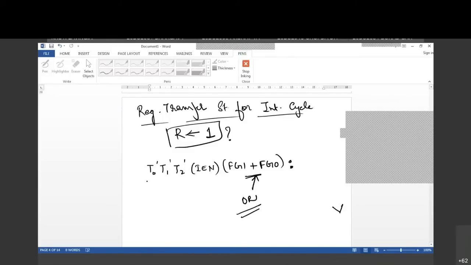Okay, so in this condition, we will have to set our R. We will need R to be set to 1. Okay, so if it is T0 dash, T1 dash or T2 dash, IEN is 1, either FGI or FGO is 1, then the interrupt has occurred and hence R is set to 1.